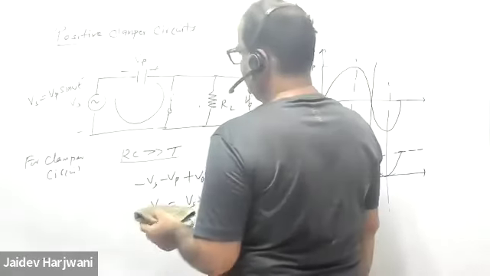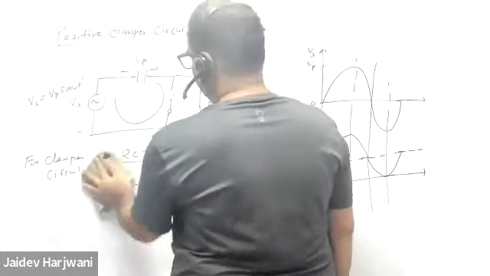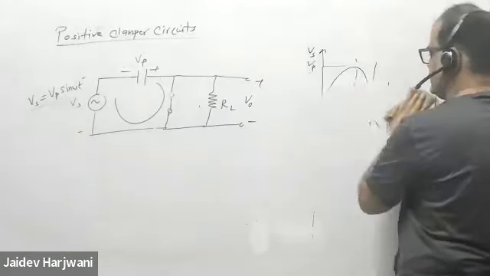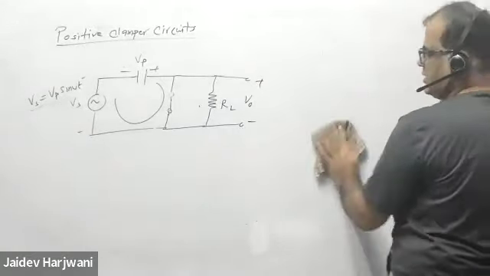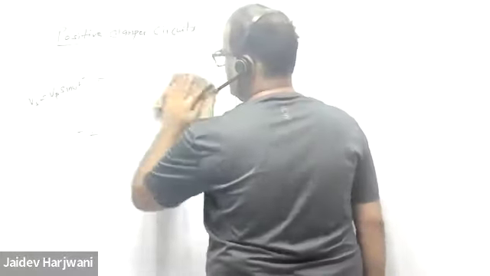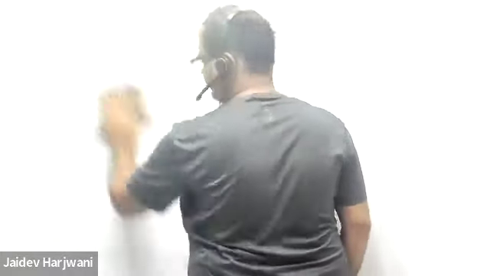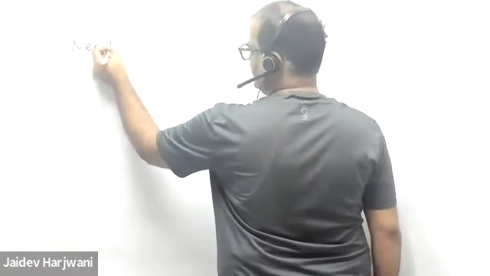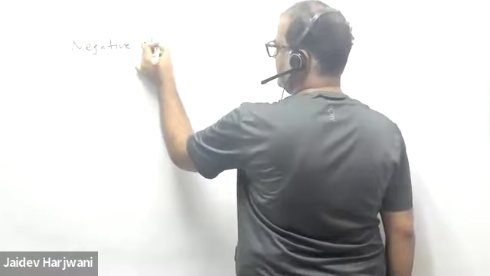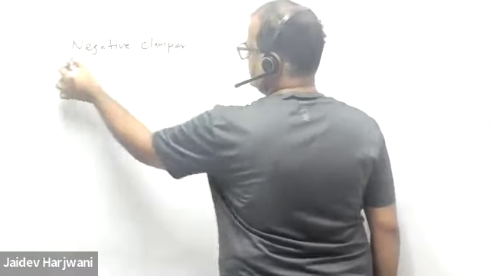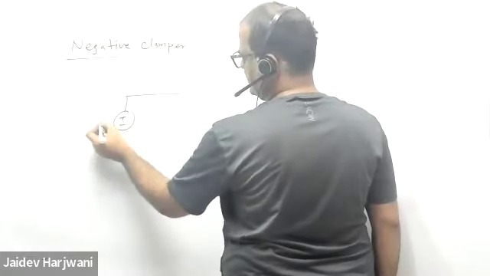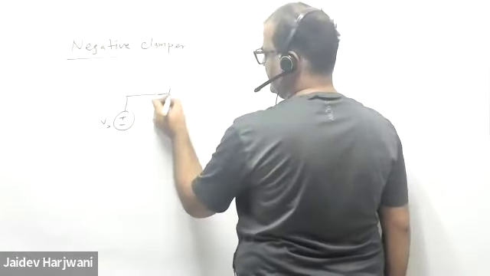So now this is positive clamper. Okay, now let us discuss negative clamper. Negative clamper means this is your Vs, always with the capacitor here.